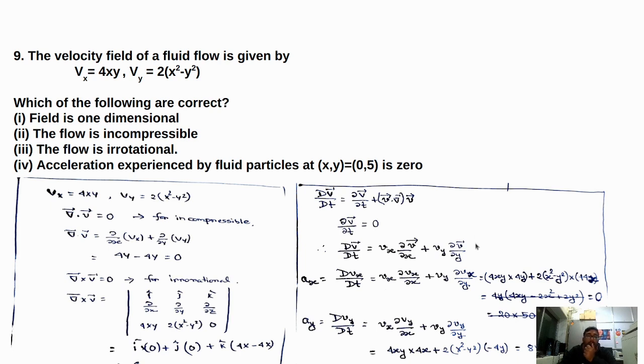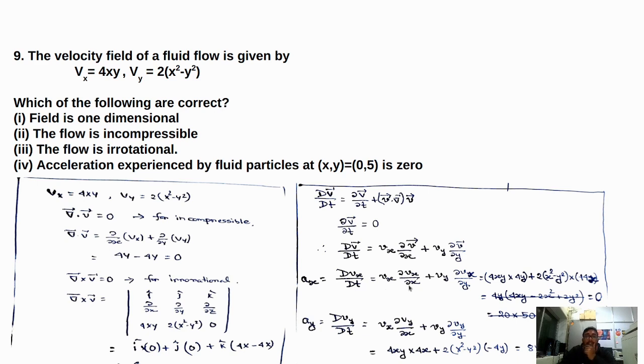Just look at the process I have done, that is v dot grad v. So you have two components, right? You have Vx del del x, which is acting upon v, and Vy del del y, which is acting upon v. Then this v vector will have two components, Vx i cap plus Vy j cap. Then you have the Ax component, which is dvx dt.